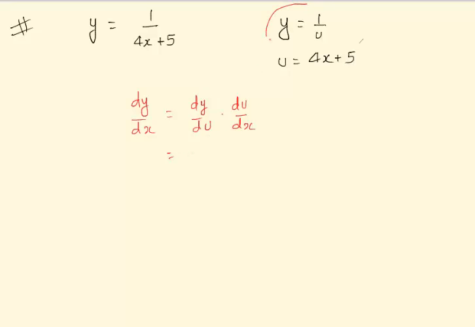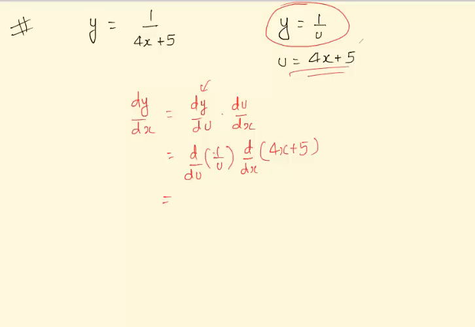So we have d by du of 1 by u into d by dx of u, and u is 4x plus 5 in terms of x.